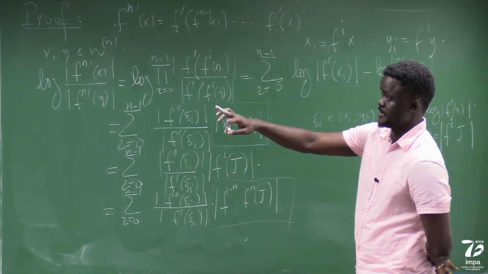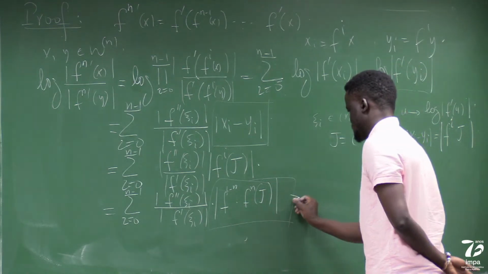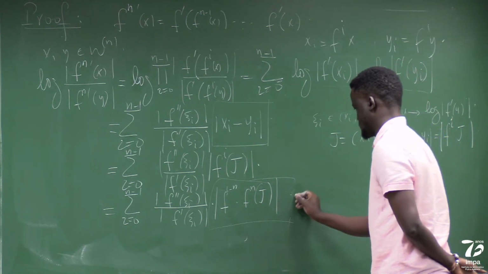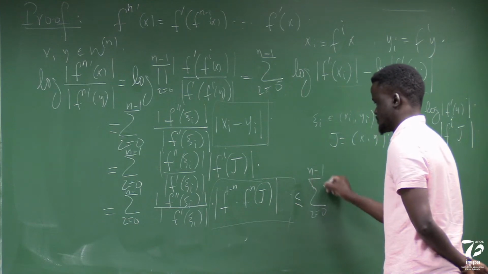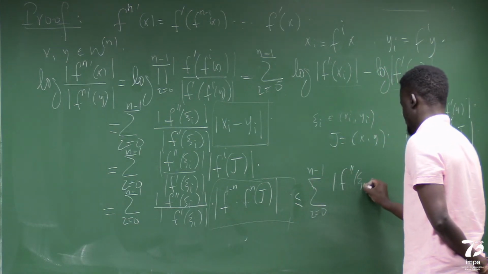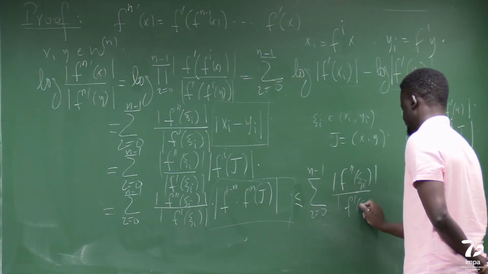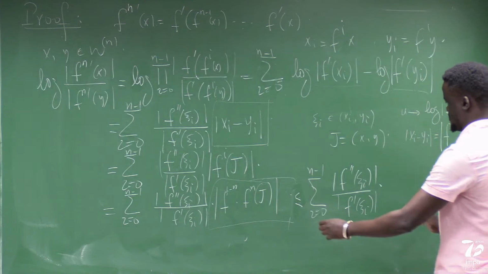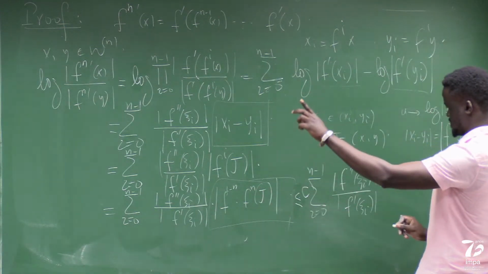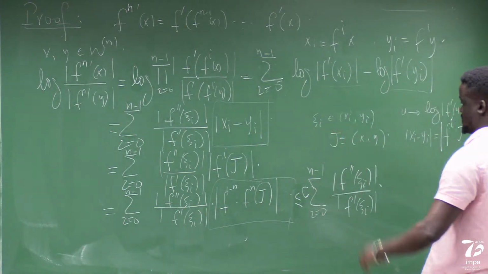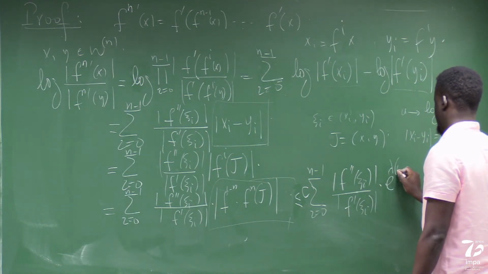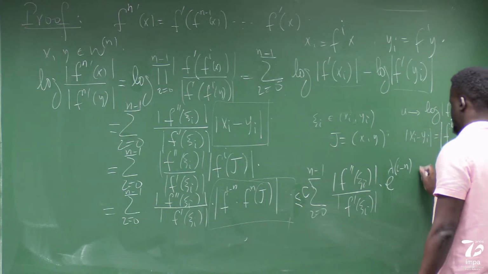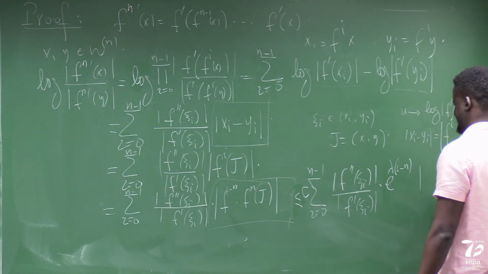If you use the expanding property and the mean value theorem, you can see that this is less than, sorry, because it's negative here, the sum for i equals 0 to n minus 1 of f double prime xi_i over f prime xi_i times c, the constant you get from lambda, lambda to the power i minus n, times the size of f^n J.